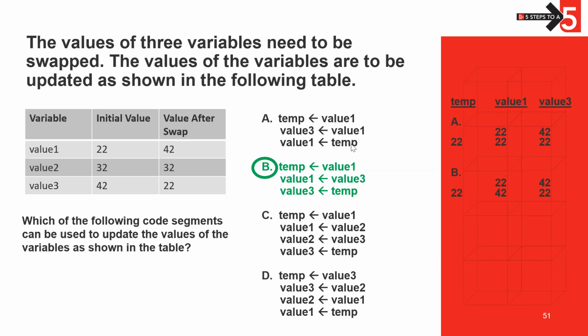And then when value 1 gets updated with temp, it is also 22. So let's go on to option B, which we know works now, but temp gets updated with value 1, so it's 22. But then we update value 1 with value 3 first. So it gets the value of 42, and then value 3 gets updated with temp. So those two are properly swapped.